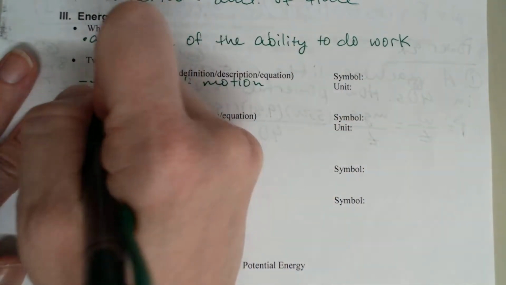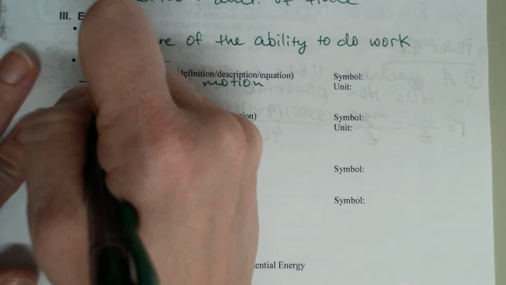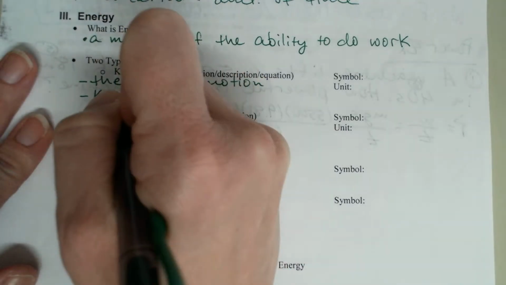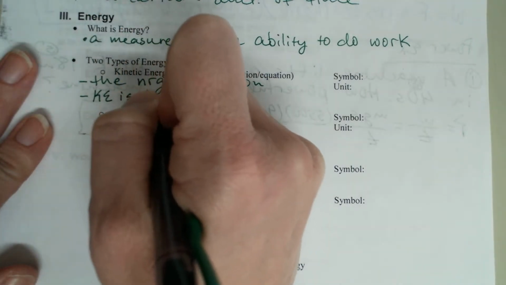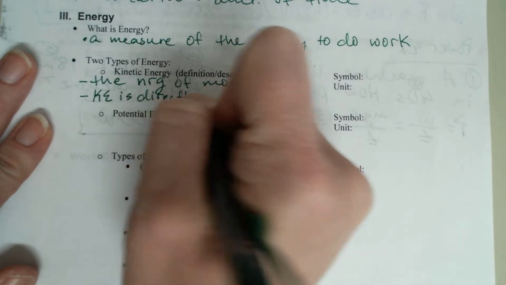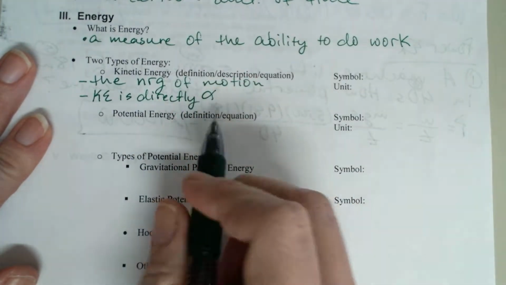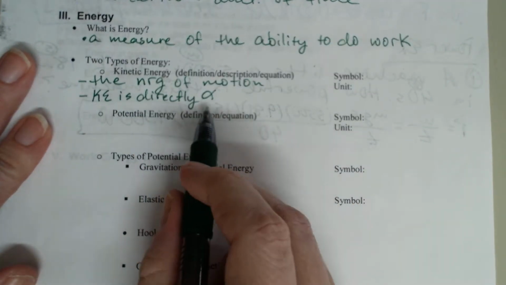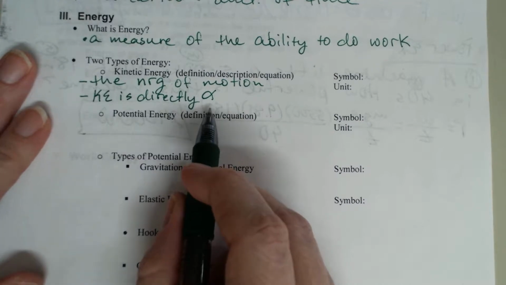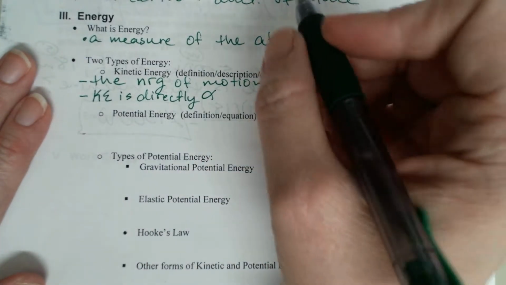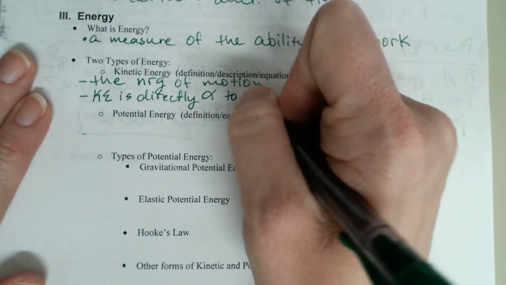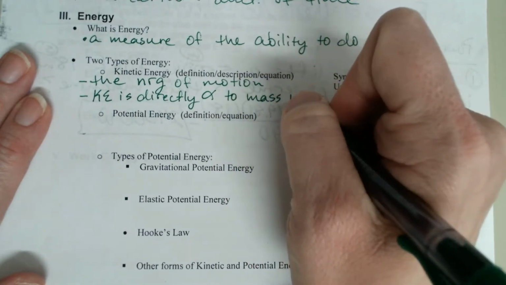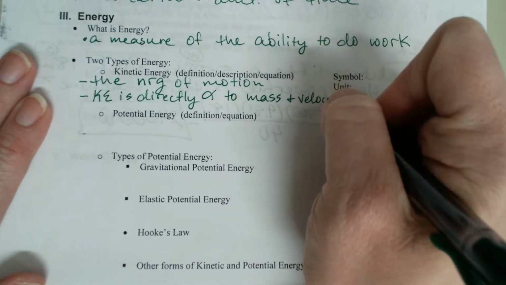The kinetic energy is directly proportional. We like to use a fishy symbol to denote what proportional is. Proportional to mass and velocity.